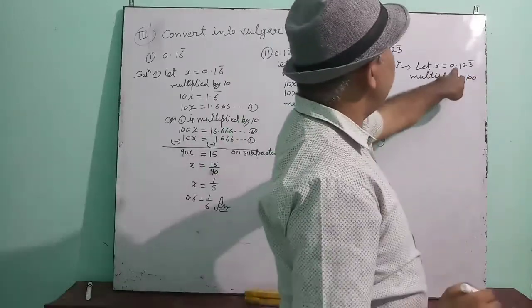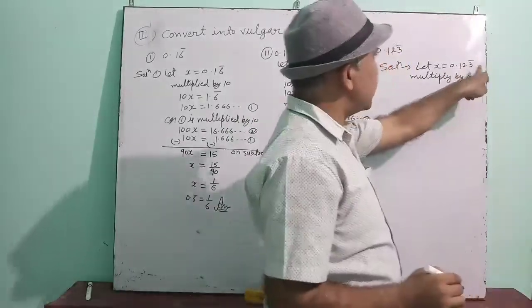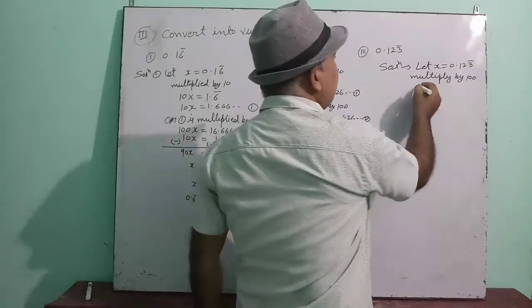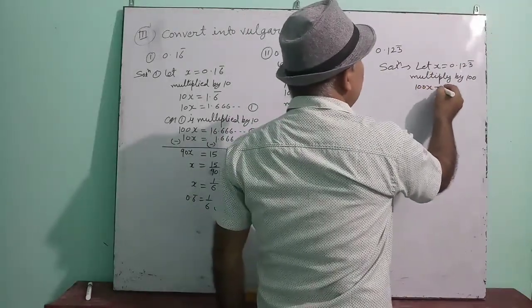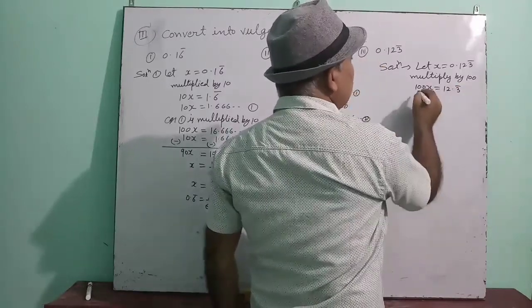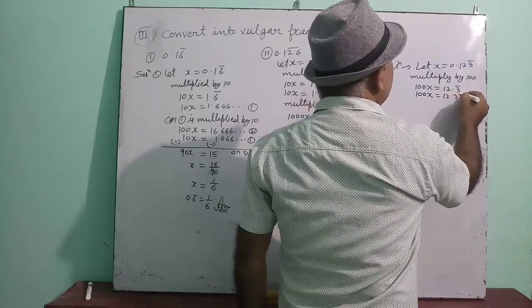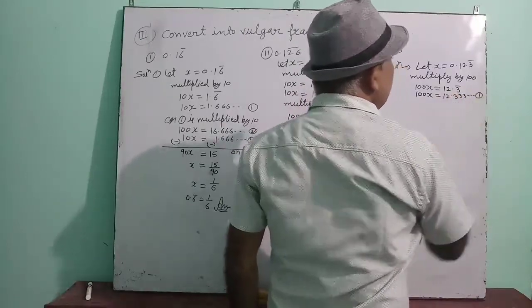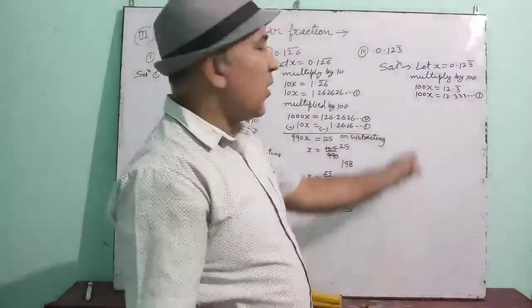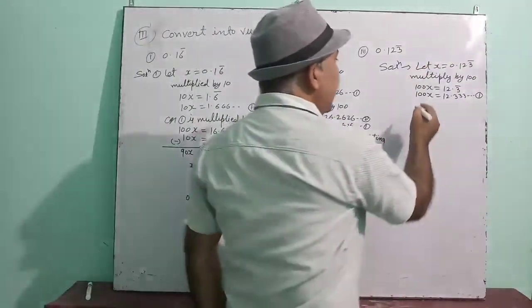Because we have to shift the decimal 2 digits. That is why it is multiplied by 100. So it will become 100x is equal to 12.3 bar. Now we will remove the bar. 12.33 and so on. This will be your equation 1. Now after the decimal only one digit is repeating, so it will be multiplied by 10.